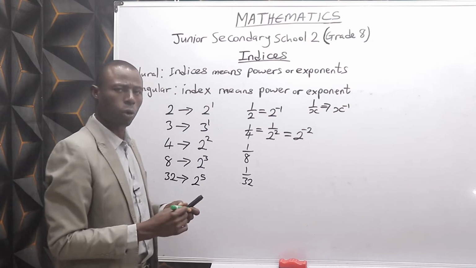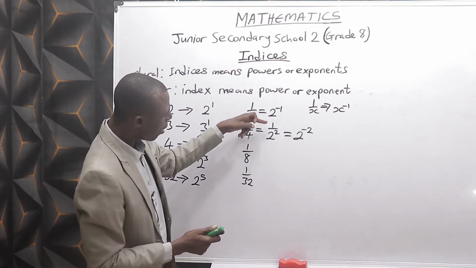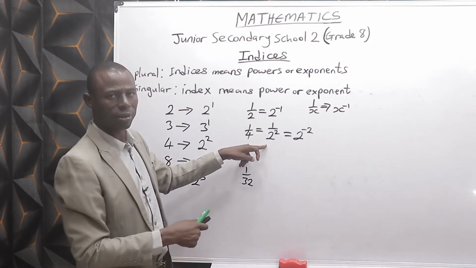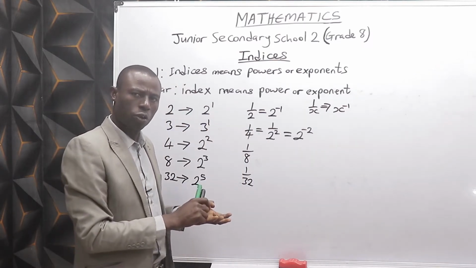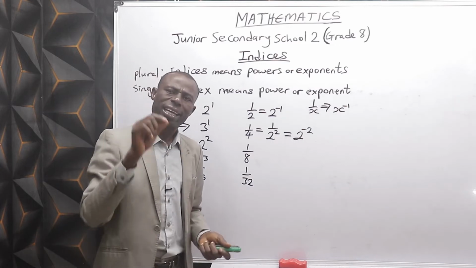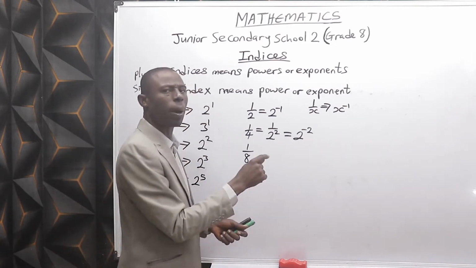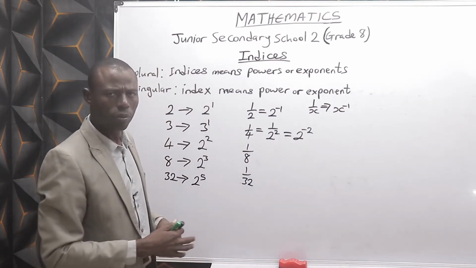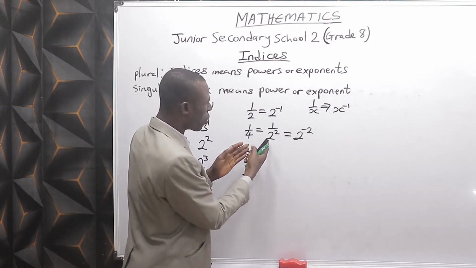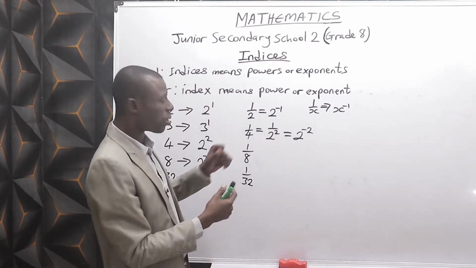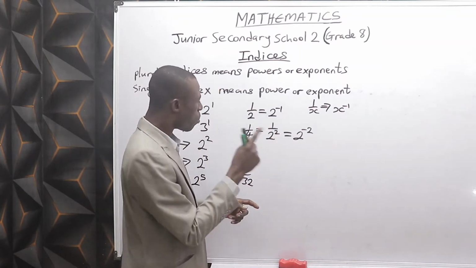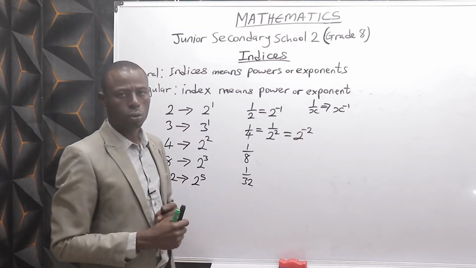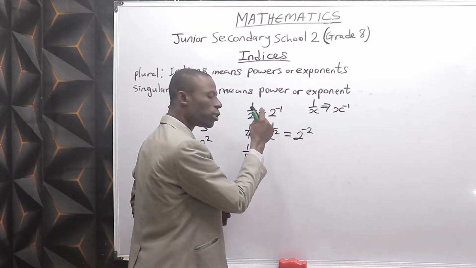What does that connote? Whenever you have 1 over anything, and you wish to remove the 1 on top, then negativity will be introduced to the power of the denominator. The power of this denominator here is 2, which is positive. Negativity will be introduced to that power to make it become negative power 2 when we remove the 1 on top.